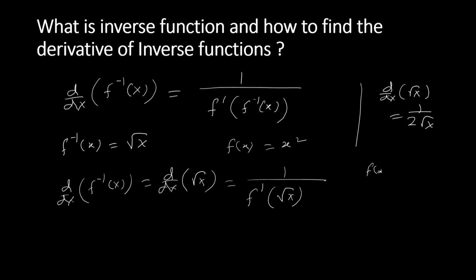Now we have f of x is equal to x square, so f dash x is equal to 2x, and at square root of x it will be 2 square root of x, so this will be 1 over 2 square root of x. Therefore, using this formula we can find the derivative of the inverse function if we know the original function f.